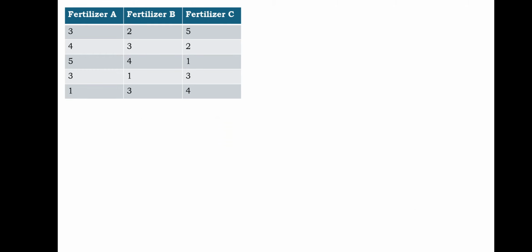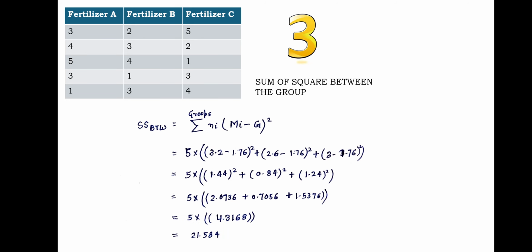The third step is a little complicated. It is called the sum of squares between the groups. Sum of squares is SS, and BTW means between the groups. Here Ni stands for the number of plants in a group, which is 5. Mi stands for the mean of fertilizer 1, fertilizer 2 and fertilizer 3. We will subtract the overall mean of the data from the mean of each fertilizer, and square them one by one.